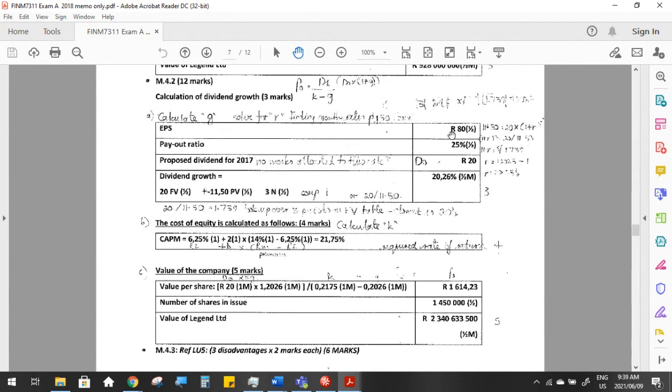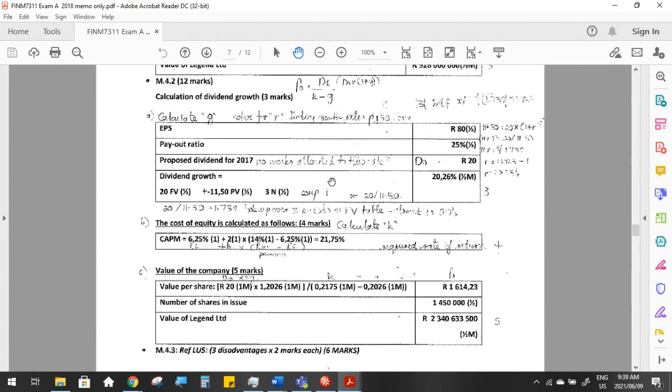So we know that the EPS is 80. We know that the payout ratio is 25%, so we know 2017's dividend value will be 20. Remember that will be D0, in other words, the very last dividend that was paid. Our formula requires us to calculate D1, so we then have to grow that by the growth rate.